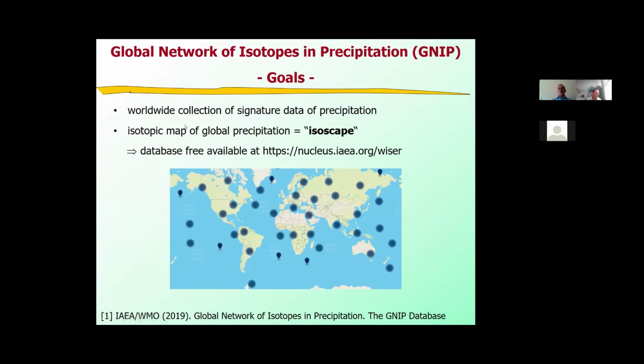We looked at the global network of isotope investigation. This is a worldwide database which is collecting isotope data. You can form isoscapes of the whole world.